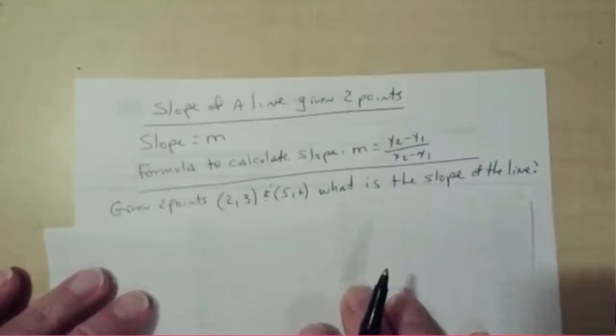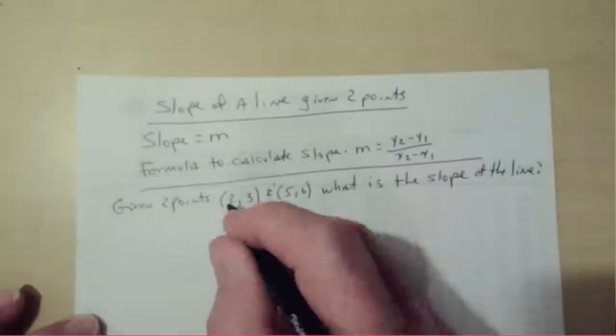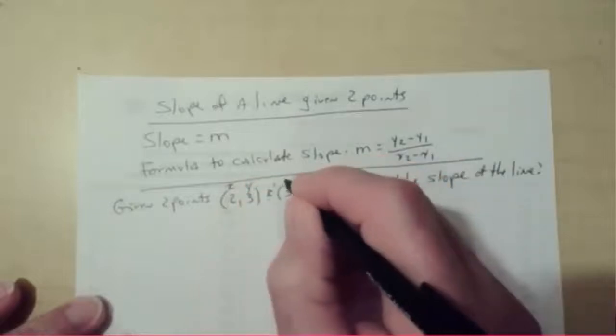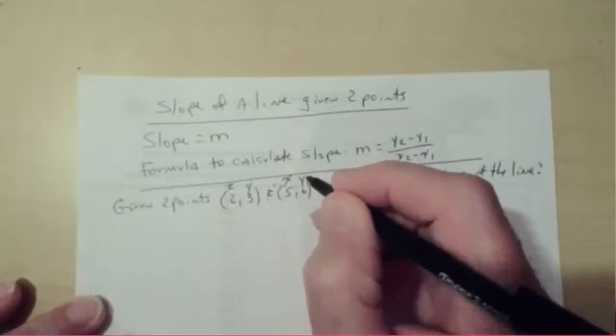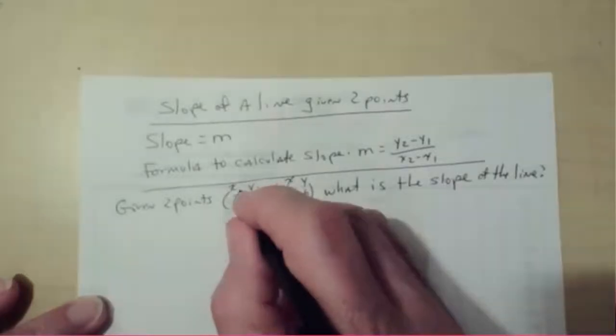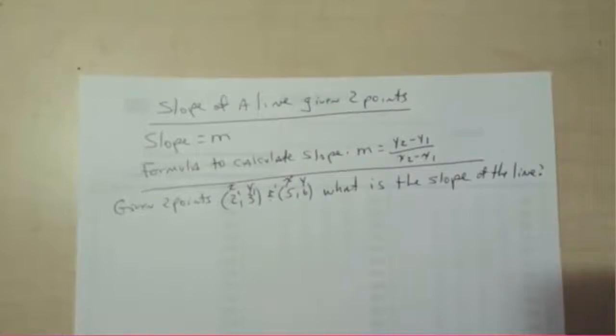Very simple. Now remember, points are always in the form xy, xy. This is the first coordinate, so we call it x1, y1, but again, it does not make any difference. You can use this one as x1 and y1 also, and this one x2 and y2.